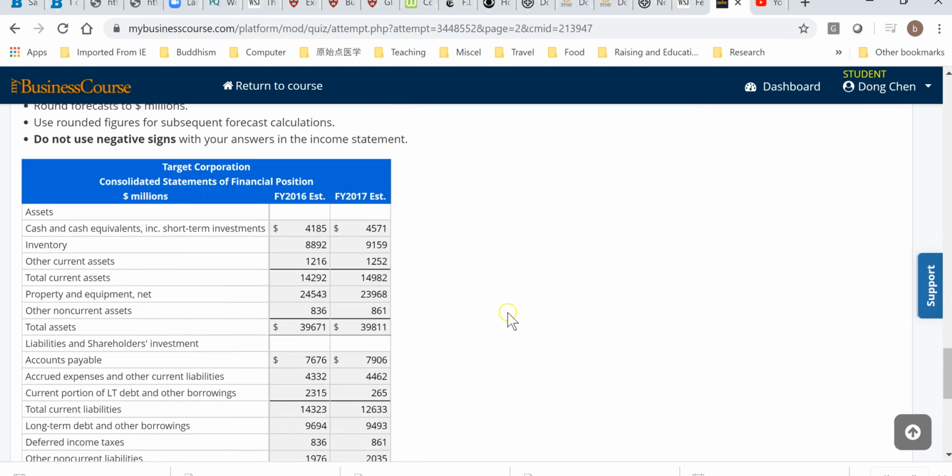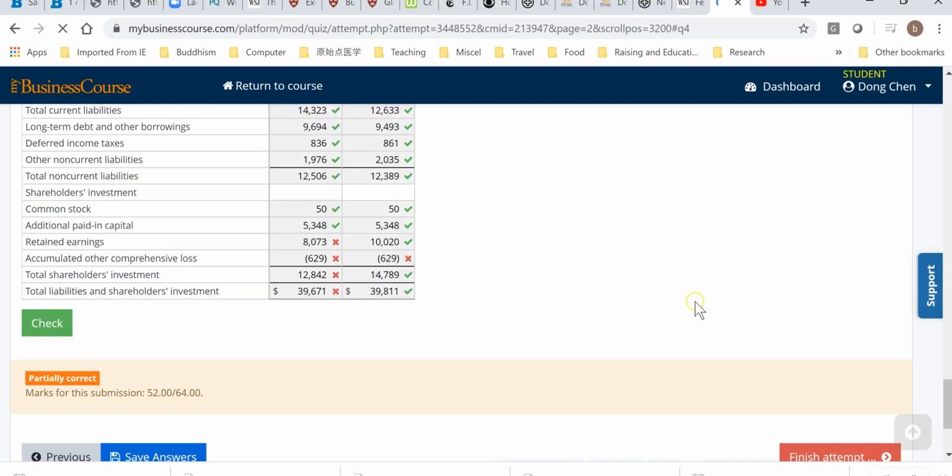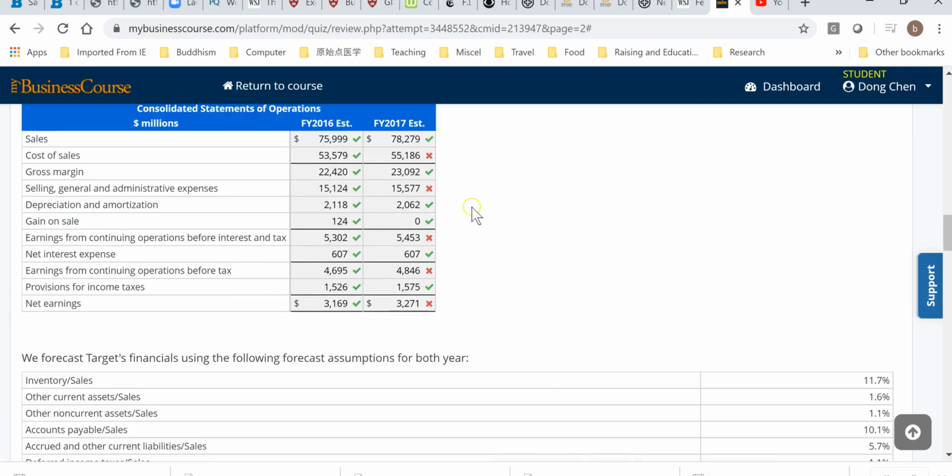So these are the numbers which I copied here just to save some time for the recording. So let me check my final answer here. You can see that some parts of the answer are marked as incorrect, but this is actually not due to us having done the question incorrectly.